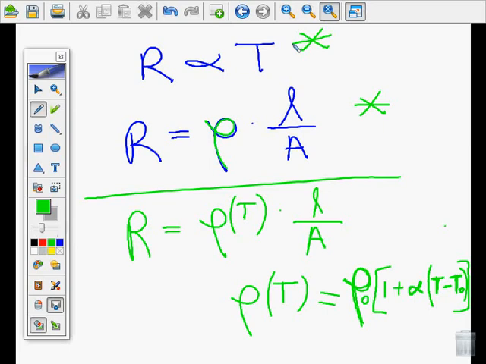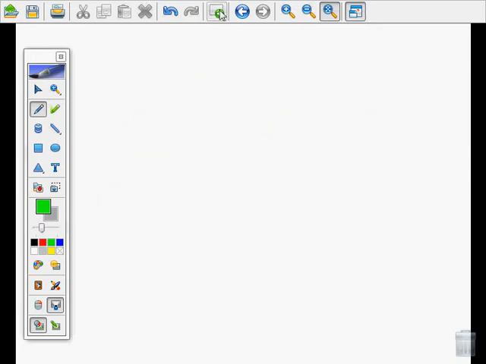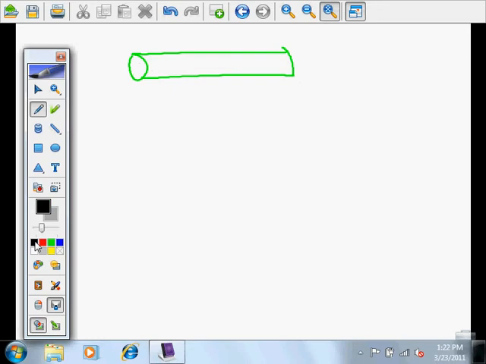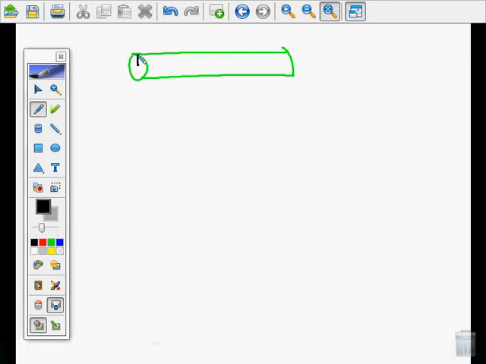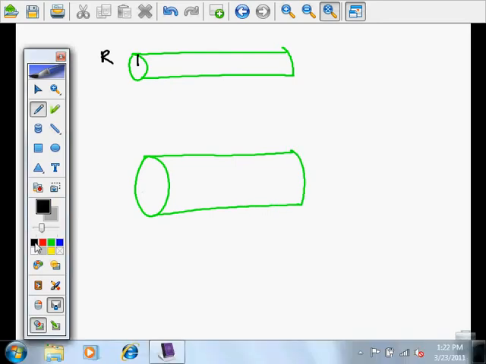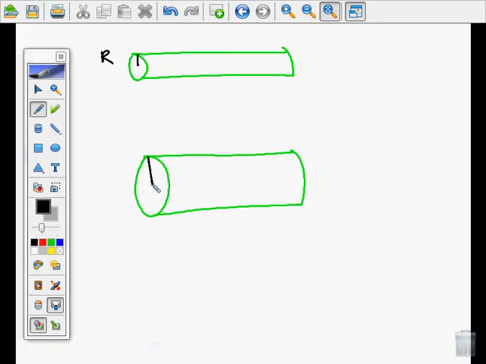One last example I want to show you with the resistance and this equation. It's a popular question. Let's say you have a wire that has a certain radius, and let's say its radius is R. And then let's say you have an identical wire, and let's say its radius is twice as big, 2R.